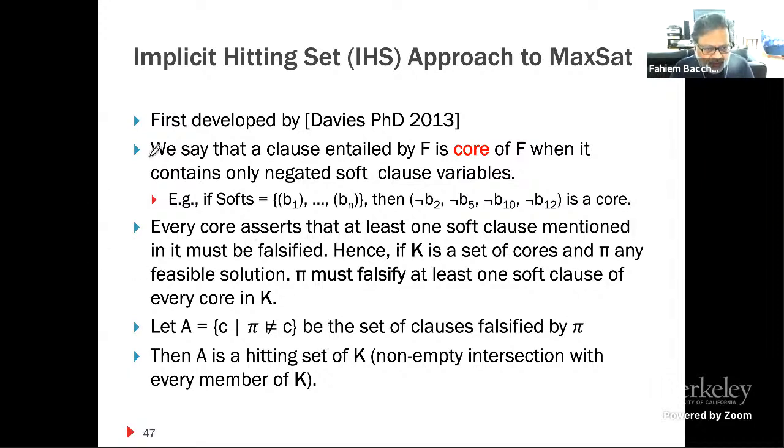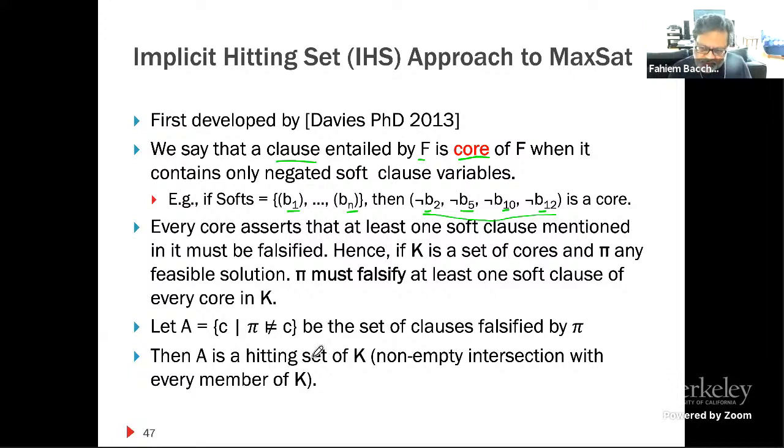You are going to call a clause entailed by the formula F a core if it contains only negated soft clause variables. So for example, if the soft clauses are B1 to Bn, then a clause like not B2, not B5, not B10, not B12 is a core, because it only contains negated soft clause variables. In other words, this clause is saying that at least one of these soft clauses must be falsified.